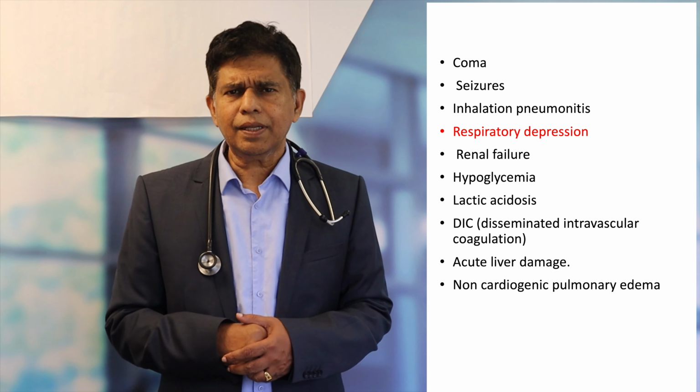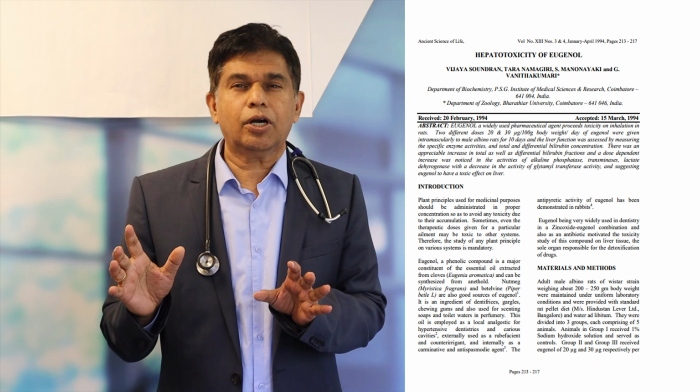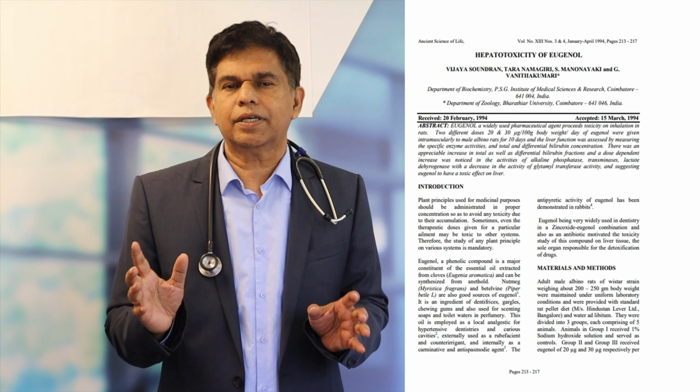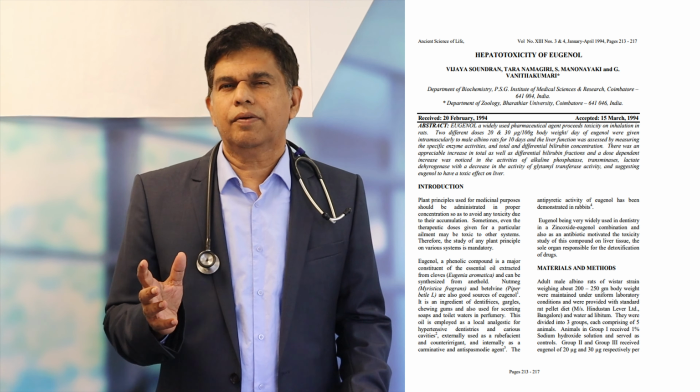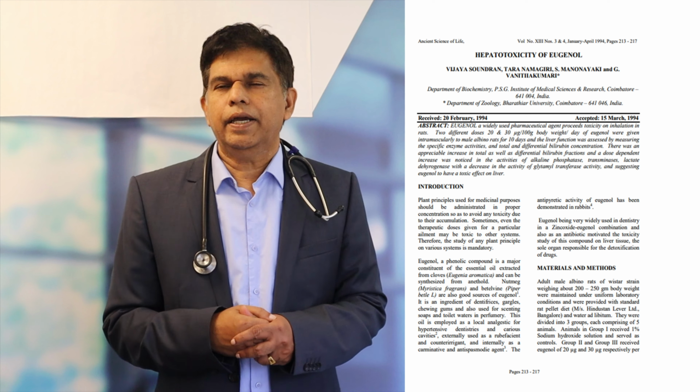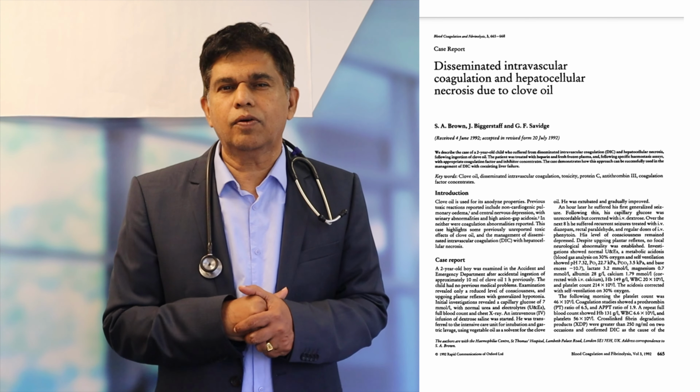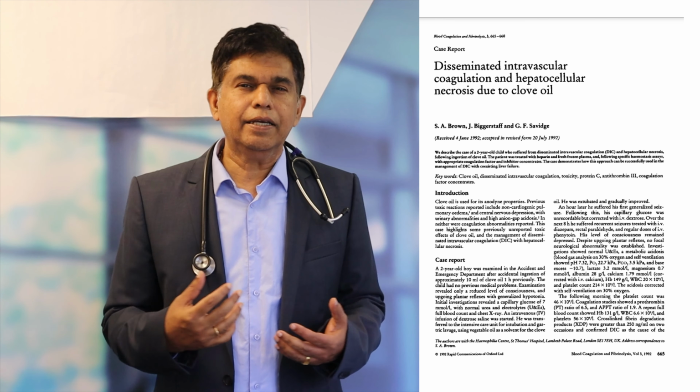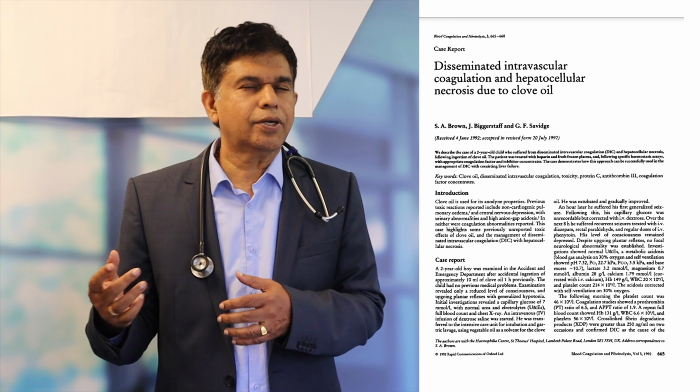Okay. Now, the next presentation is about hepatotoxicity. That means liver toxicity. They found a lot of damage to the liver when people take it. Let's look at the next case. You have a 2-year-old. Again, he ingested the clove oil, went into liver failure, and he got DIC, disseminated intravascular coagulation.